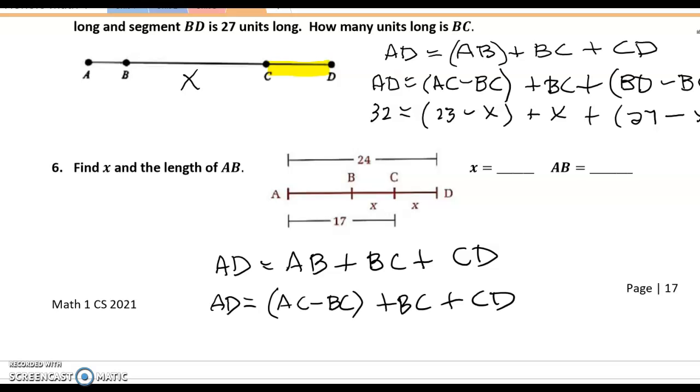Again, because we do not have a specific value or expression for AB, we're going to have to use segment subtraction to come up with one. And so AB can be thought of as taking the bigger segment AC minus BC.